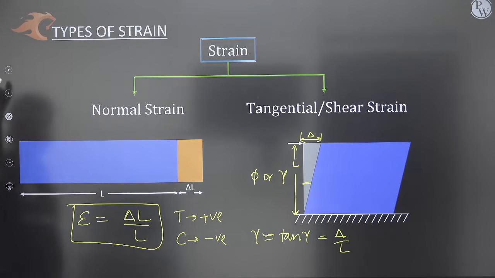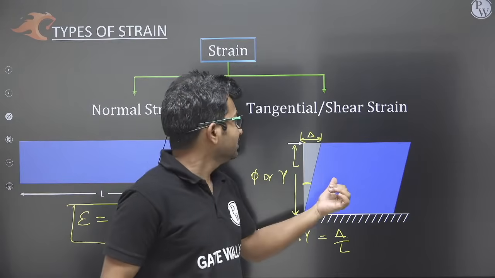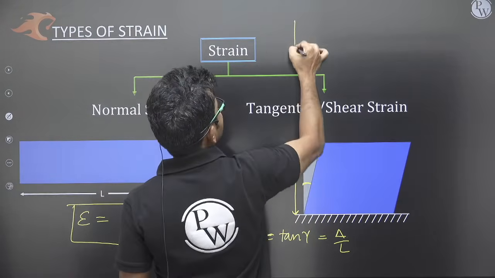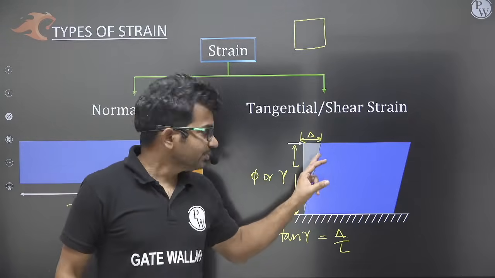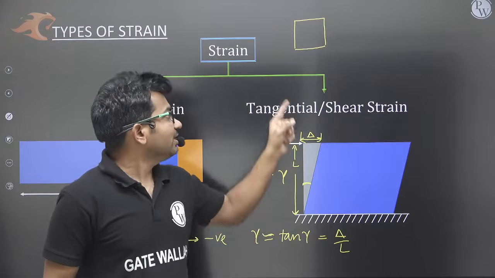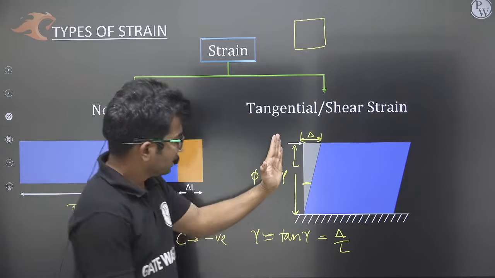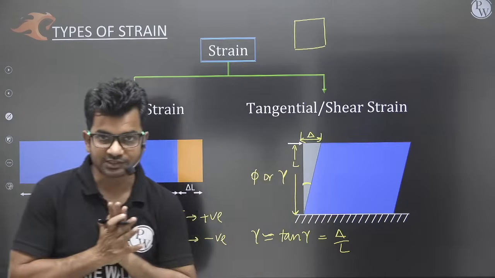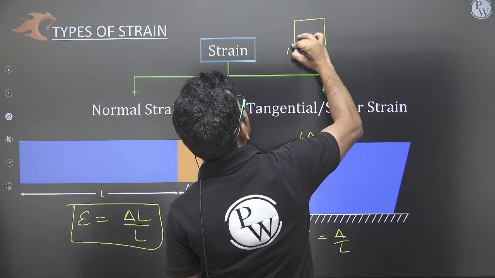So normal strain and shear strain or tangential strain are clear. Now we have seen the sign convention of normal strain. Let us look at the sign convention of tangential or shear strains also. This much is clear: when shear strain is applied, then the angle will change between the two faces. Whatever be the two faces, the angle will be changed. So when the angle is changed, it can distort like this also.